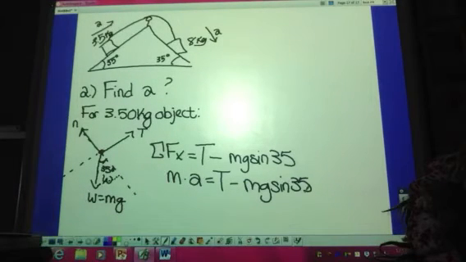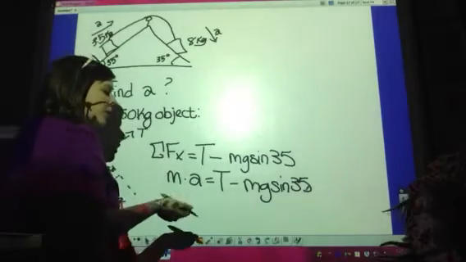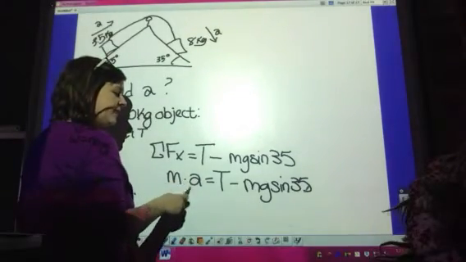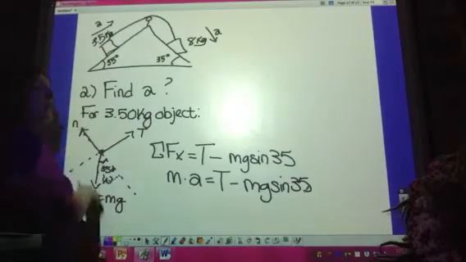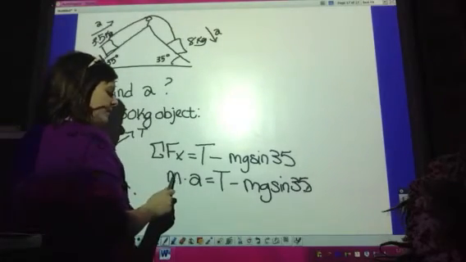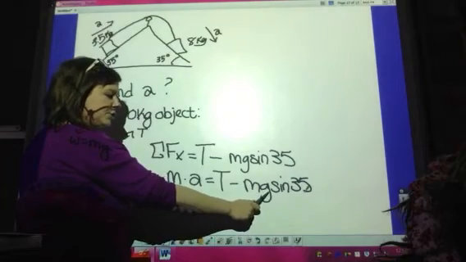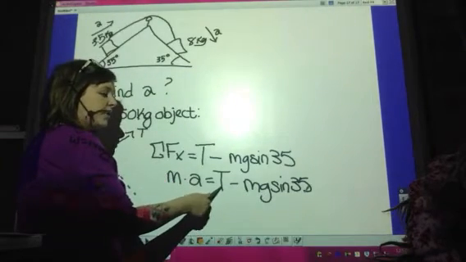Okay, so what I don't know, I'm trying to find acceleration, but I also don't know tension. I know the mass of the object is 3.5 kilograms, and that helps me here and here. I know acceleration due to gravity but I don't know this and I don't know this.